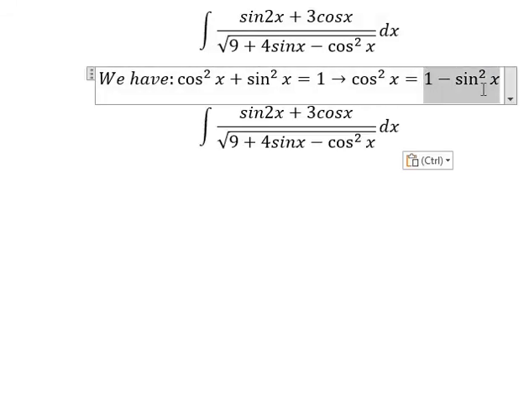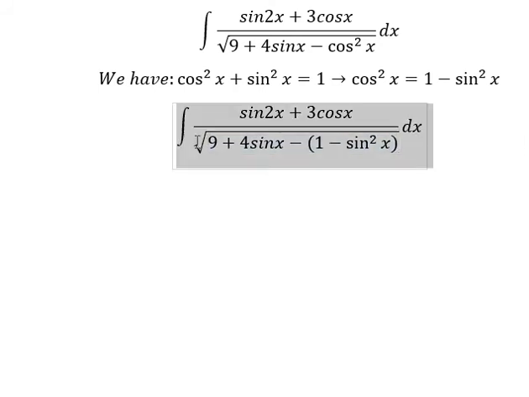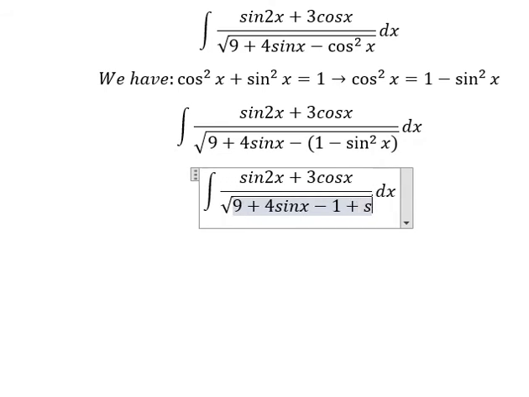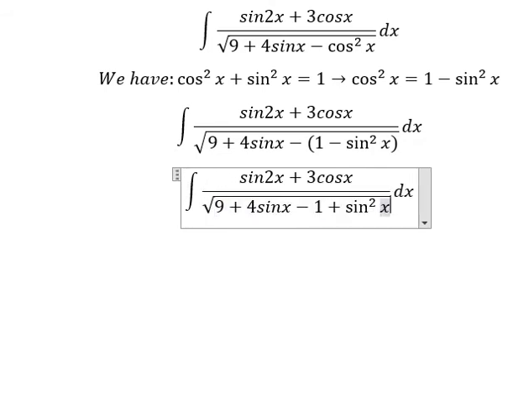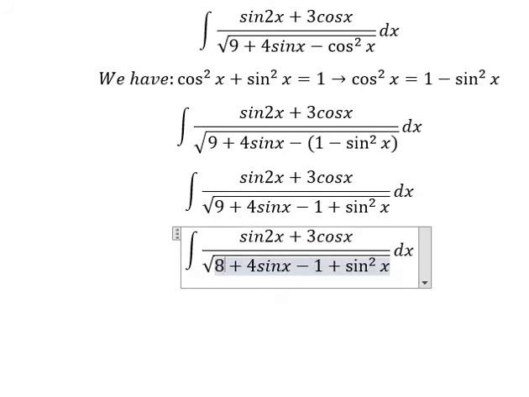So I will put this one go in here. So we need to change the sign of this one. Nine minus 1, we have 8.